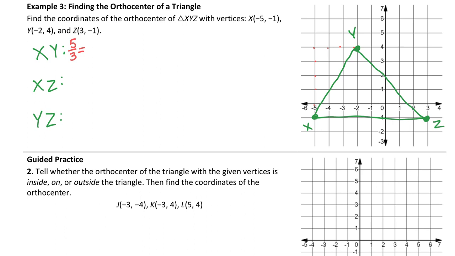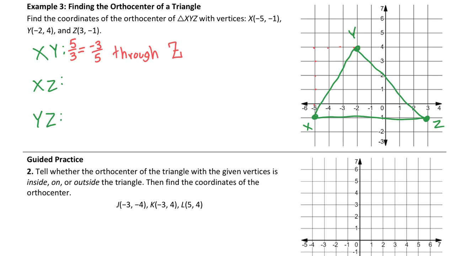The perpendicular slope to that 5/3 is -3/5. Okay, so I have to create a line with a slope of -3/5 that goes through vertex Z.